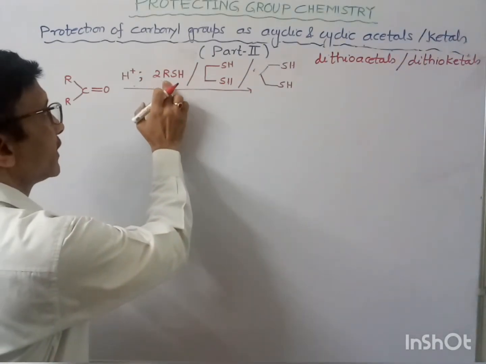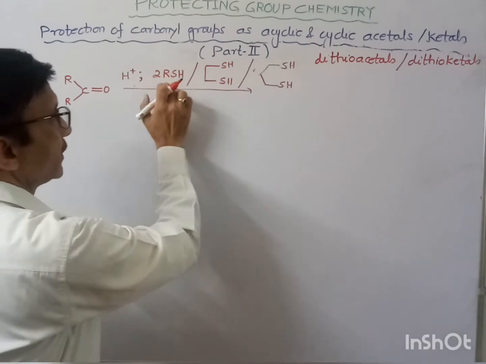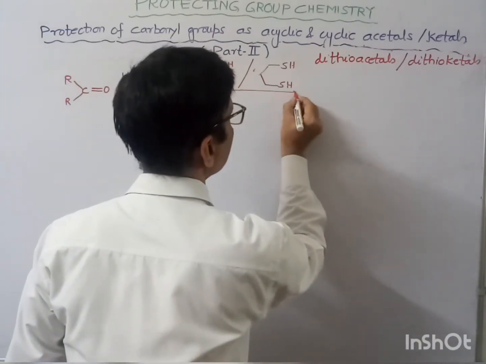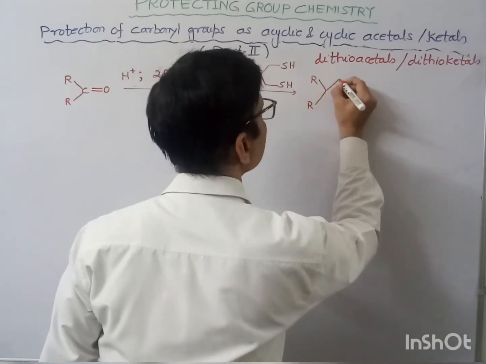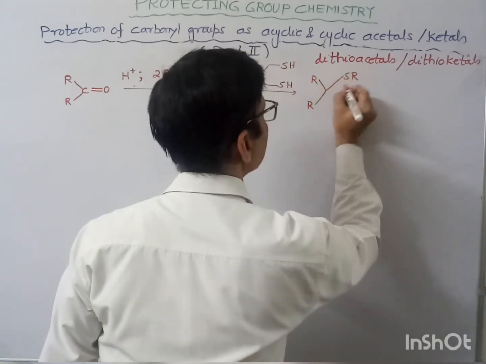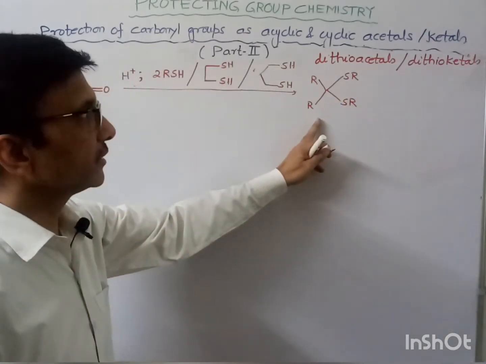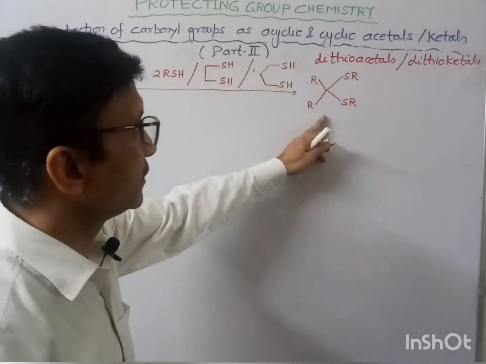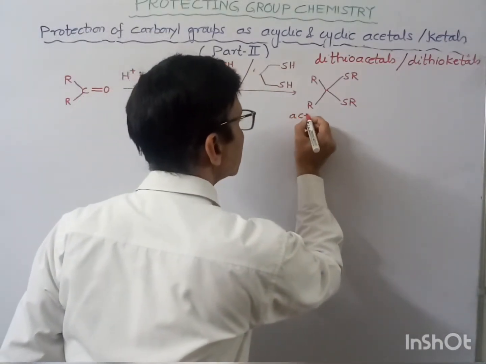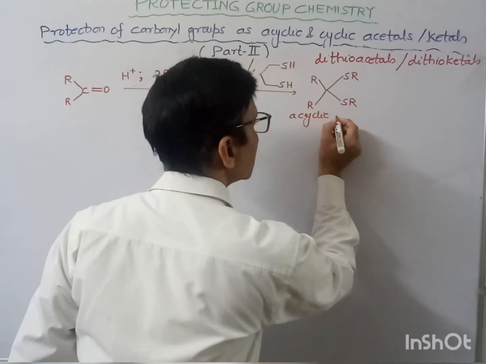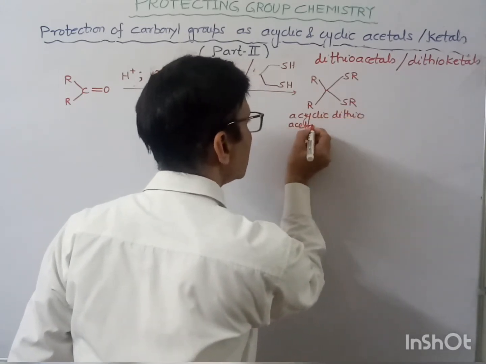So if we are taking two molecules of thiol, then we will get an acyclic dithioacetal or ketal.